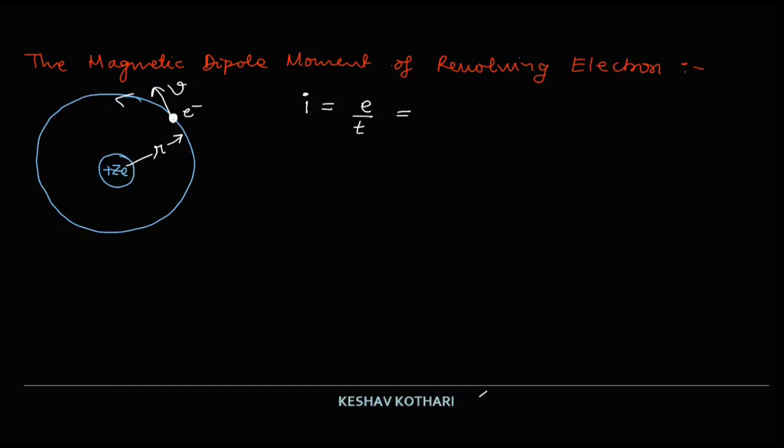The value is e upon the time, which is written as 2 pi r by v. So the equivalent current due to the motion of the electron is equal to ev upon 2 pi r.